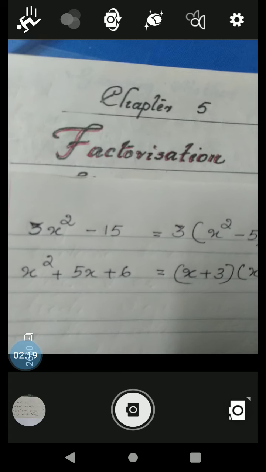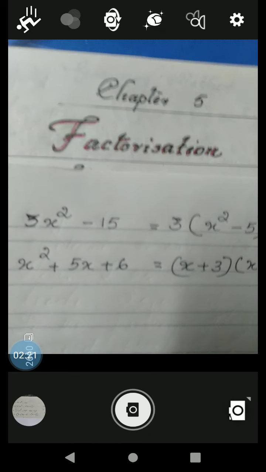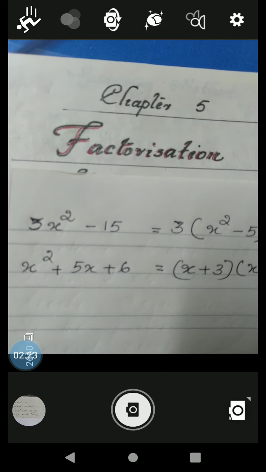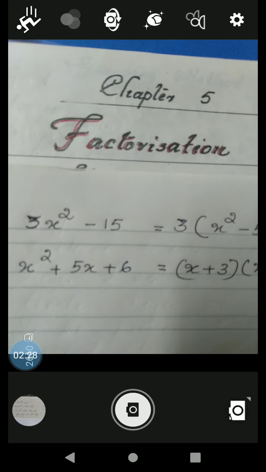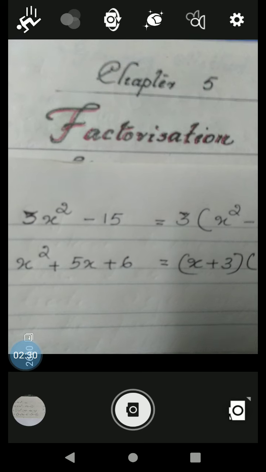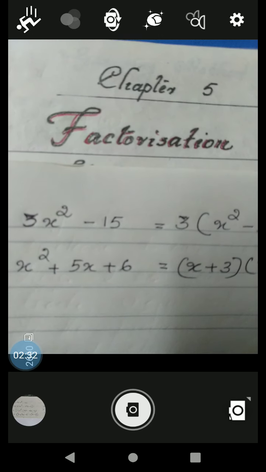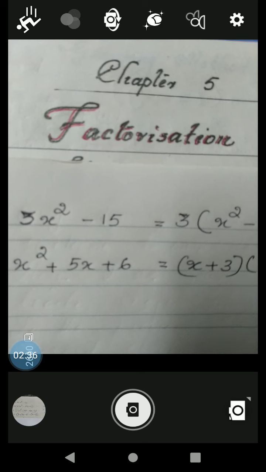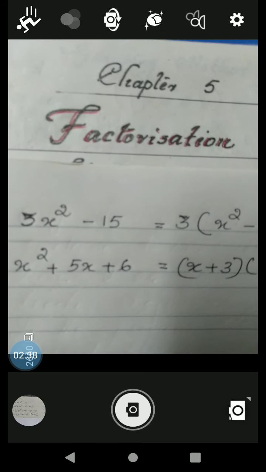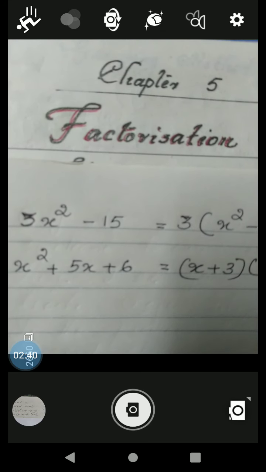And now we can say that 4 is a factor of 20. At the same time, 5 is also a factor of 20. So this 20 can be expressed as the product of two numbers, 4 into 5. So both 4 and 5 are factors of 20.